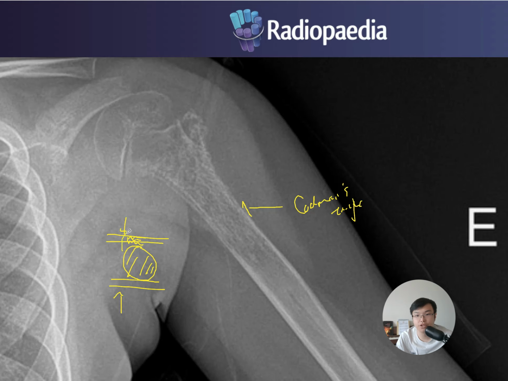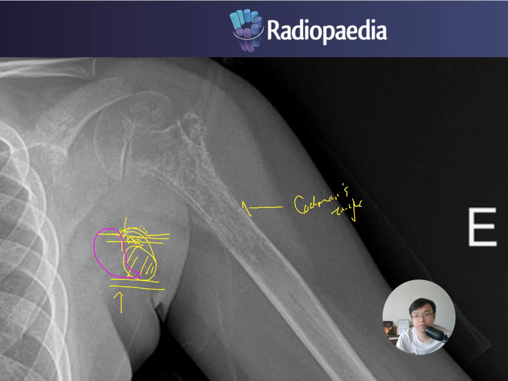So if the lesion now grows here like this, the periosteal lining will try to control it by overlying itself over this lesion and then lay down a layer of bone, trying to confine this lesion. However, if this is a really aggressive lesion, that means it has a quite rapid growth rate, then the confinement will fail.